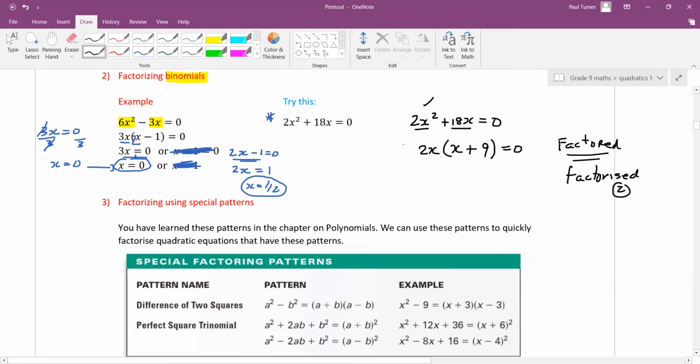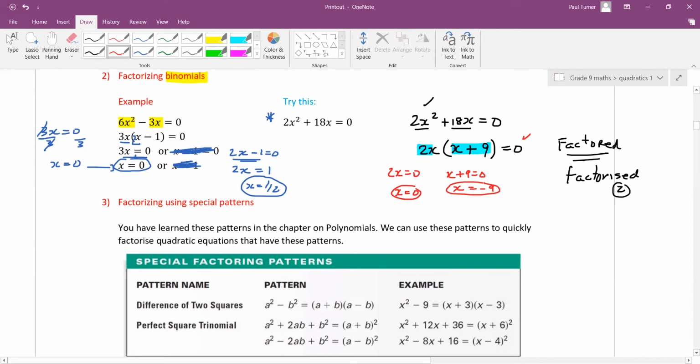Okay, so in this case, we let both of the factors equal 0. So we would have 2x equals 0. In this case, x must be 0. 2 times any number to be 0, x would have to be 0. Okay, 2 times 0 is 0. It can only be that. This one, x plus 9 must equal 0 to get a 0 here, so x would have to be minus 9.